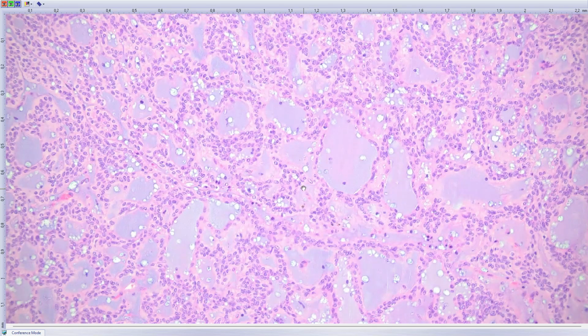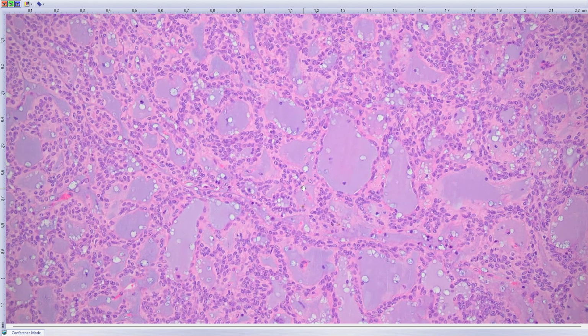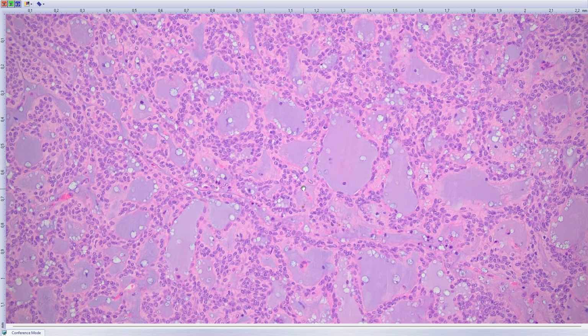Maybe a little bit high magnification in more cellular areas to show you that the tumor is composed of one cell type, and the cells are quite regular, monomorphic. The tumor is a consult case of a 46-year-old female patient, parotid gland.